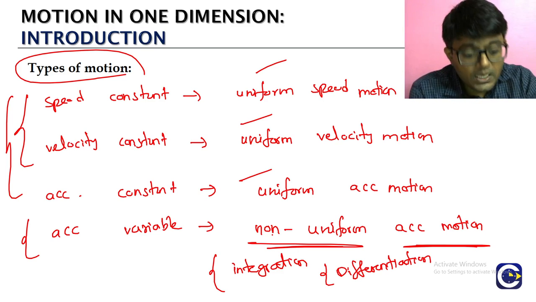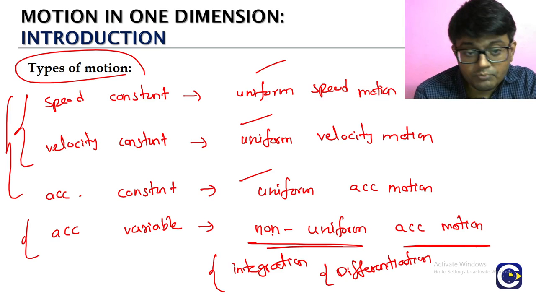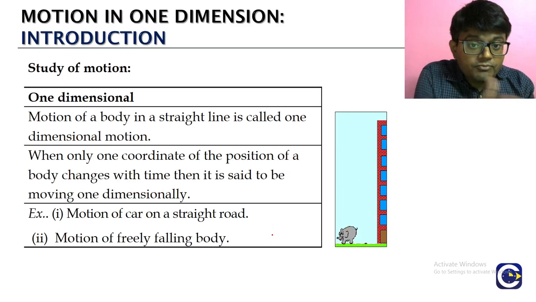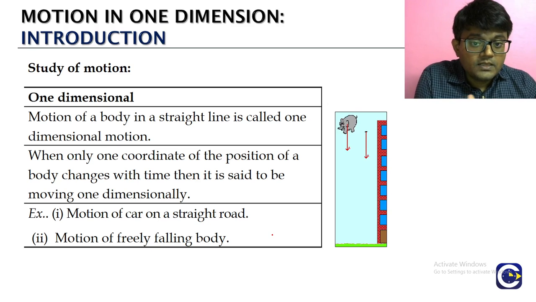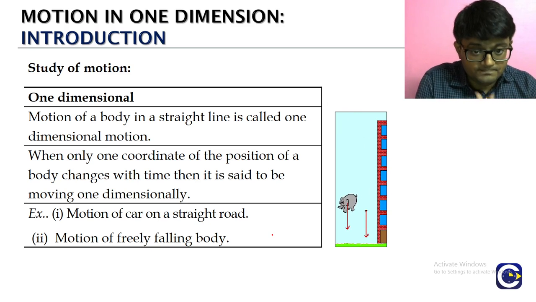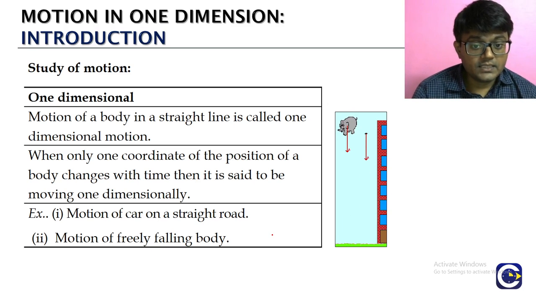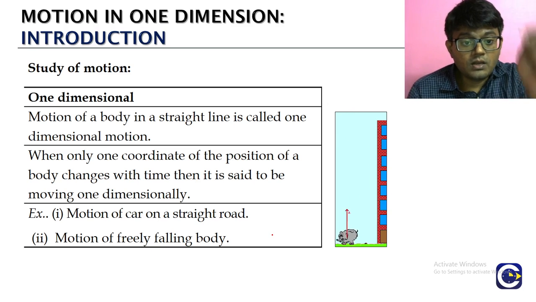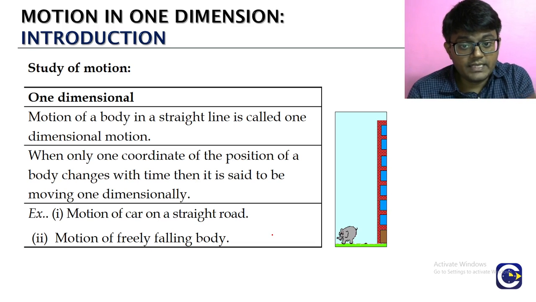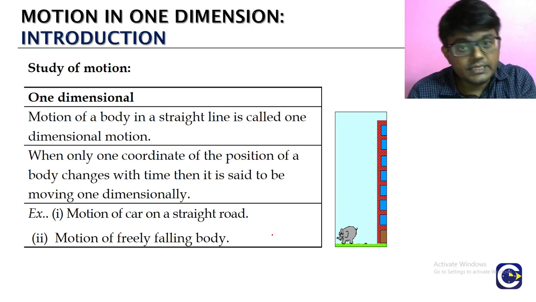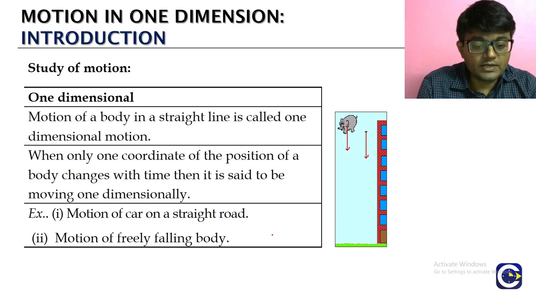Now, while we talk about the types of motion, we also have a study of motion in a different manner. Here we talk about whether it is a motion along one dimension, two dimensions, or three dimensions.